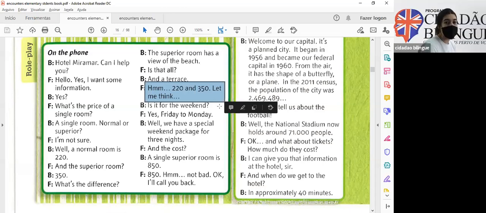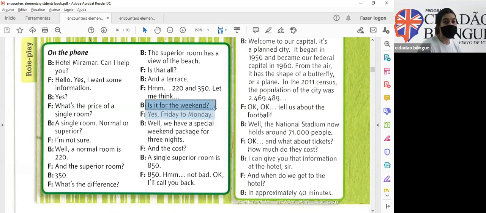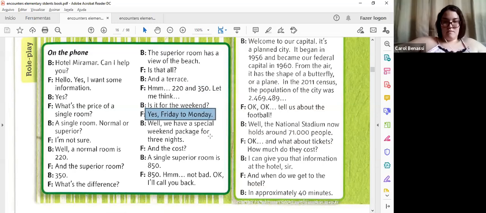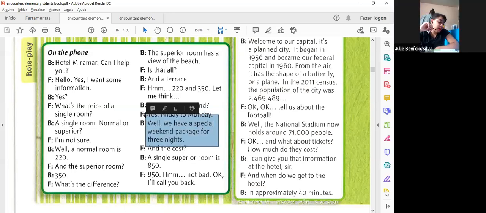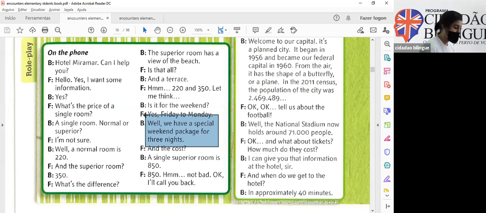Okay, is it for the weekend? Yes, Friday to Monday. Well, we have a special weekend package for 3 nights.